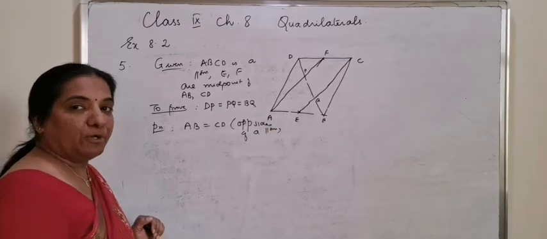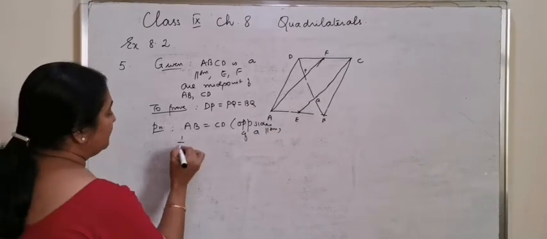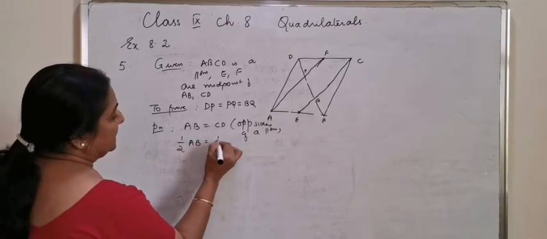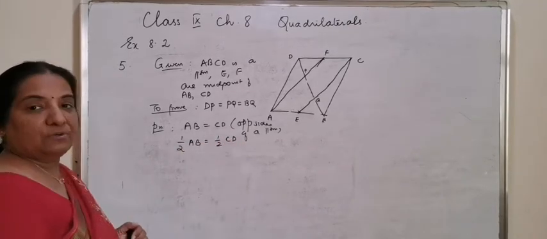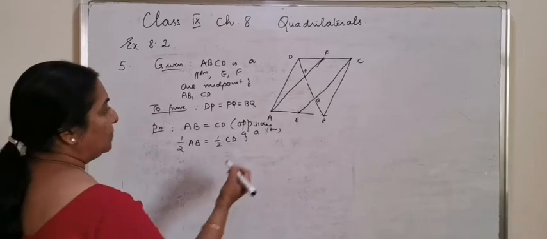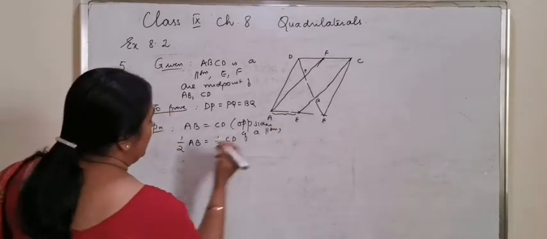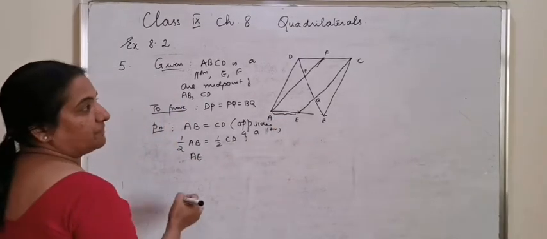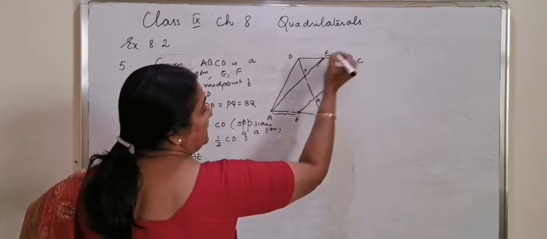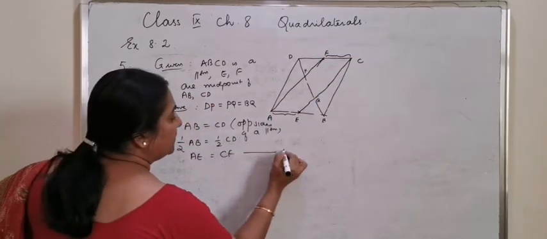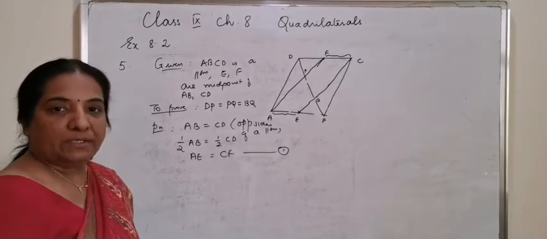The word midpoint is underlined, which shows that we can take half on both sides. Half AB is equal to half CD, and now half AB I will take as AE and half CD I will take as CF. Put it as equation number 1.